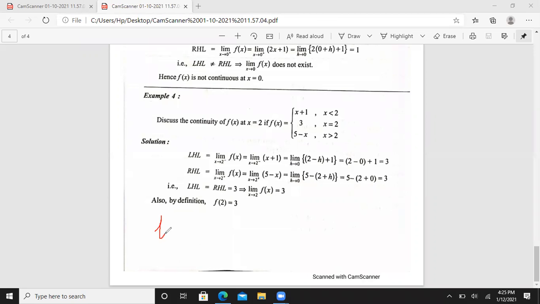Hence, finally you write here: therefore, f of x is continuous at x equal to 2.